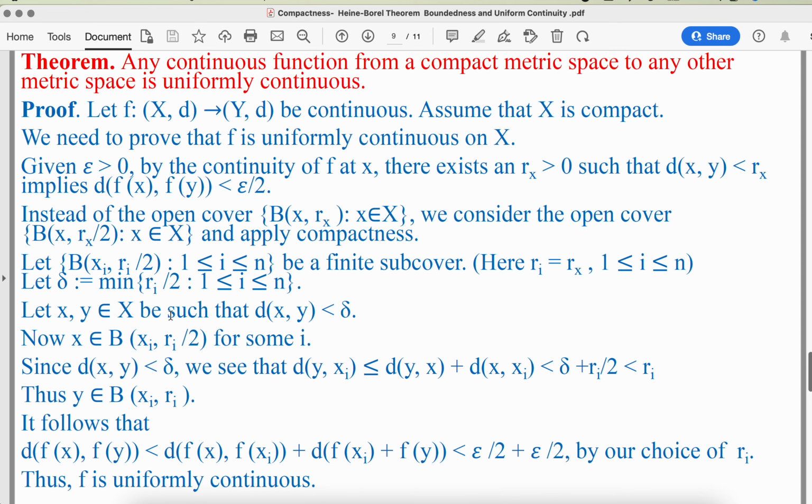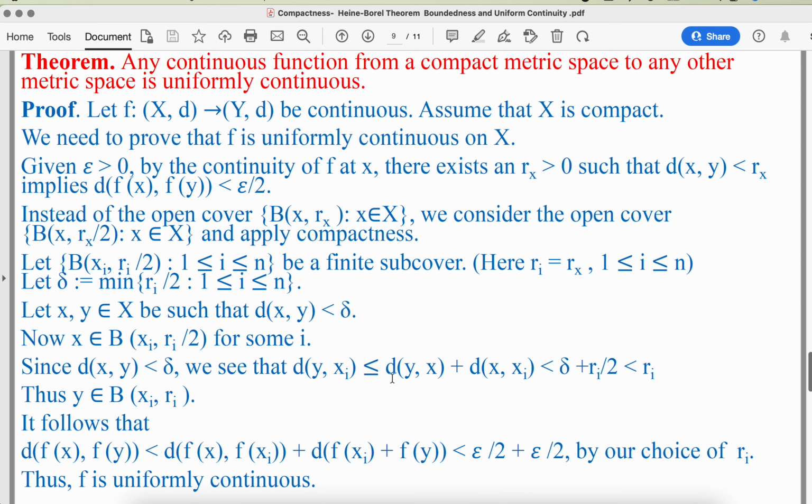Let x, y belong to X be such that distance from x to y is less than delta. Now if x belongs to the ball centered at x_i and radius r_i by 2 for some i, then we see that distance of y from x_i is less than or equal to distance of y from x plus distance of x from x_i. This is by the triangle inequality.